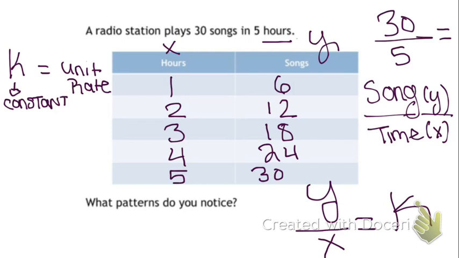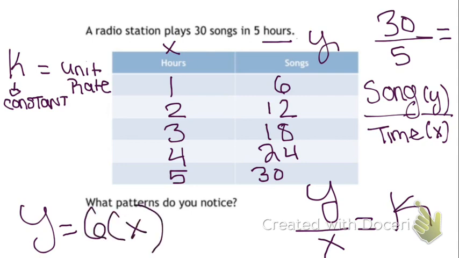That means, now that we have a table, let's create an equation for it. In our equation, y, the number of songs, is going to depend on 6 times x, the number of hours. Let's use substitution. If x is 1 hour, that's 6 times 1, which is 6. If I had 2 hours, that's 6 times 2, which is 12. If I had 3 hours, that's 6 times 3, which is 18.